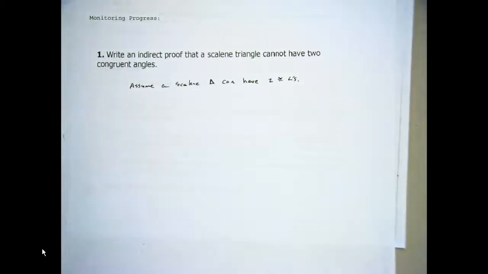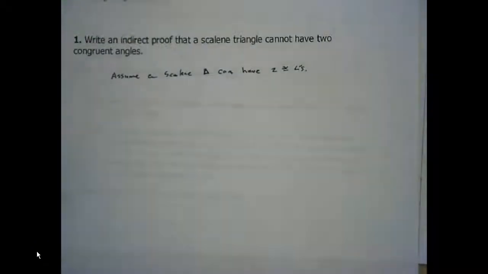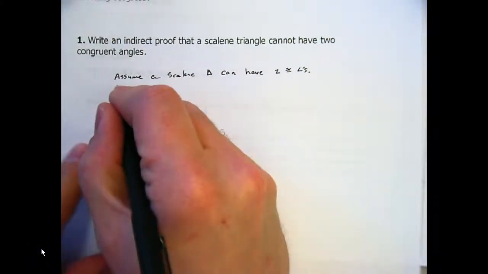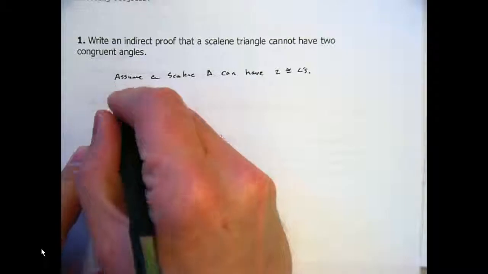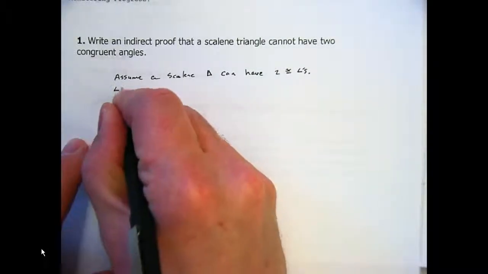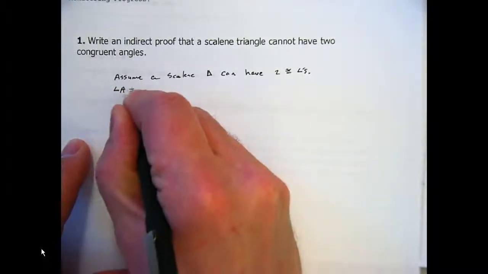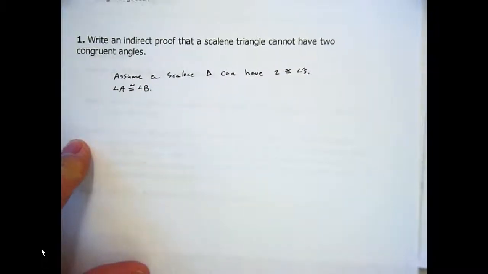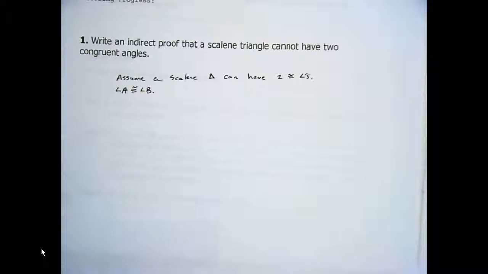Take off from there. What do you know? What do you know about a triangle with two congruent angles? Go ahead and talk about it there. To make it easier, maybe we're talking about triangle ABC and we say angle A is congruent to angle B. What do we know about a triangle that has two congruent angles?